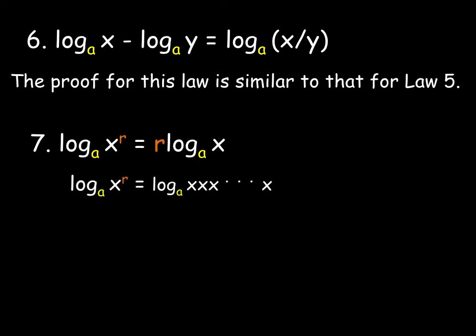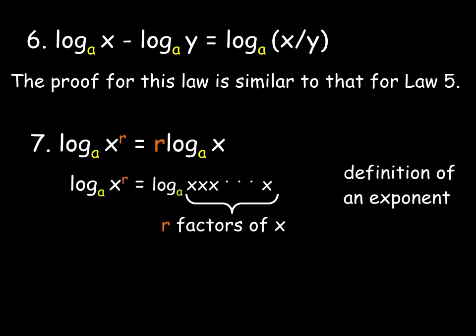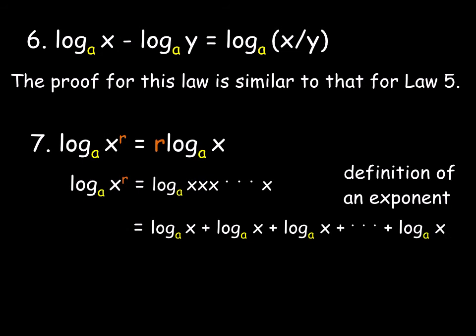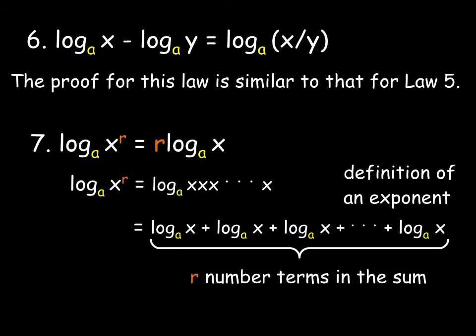Expanding x to the r by the definition of an exponent, we get the log base a of x to the r equals the log base a of x times x times x, r factors of x. This is equal to the log base a of x plus the log base a of x plus etc. until we get our number of terms in the sum.